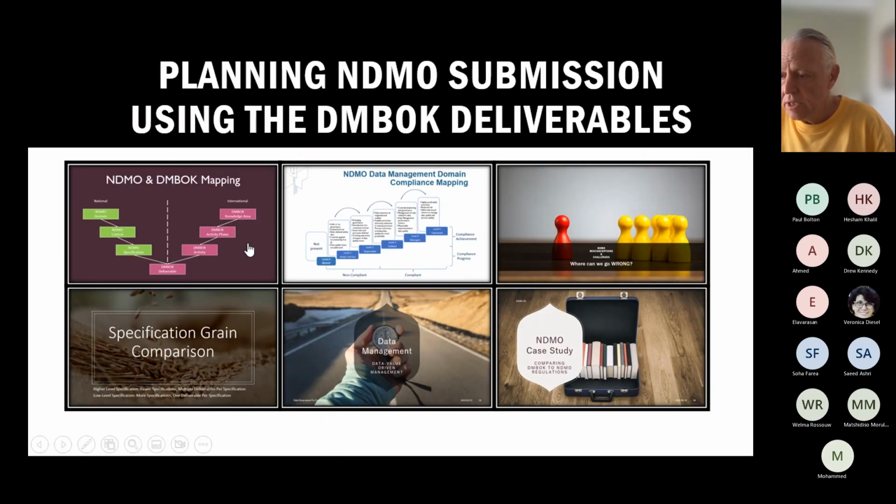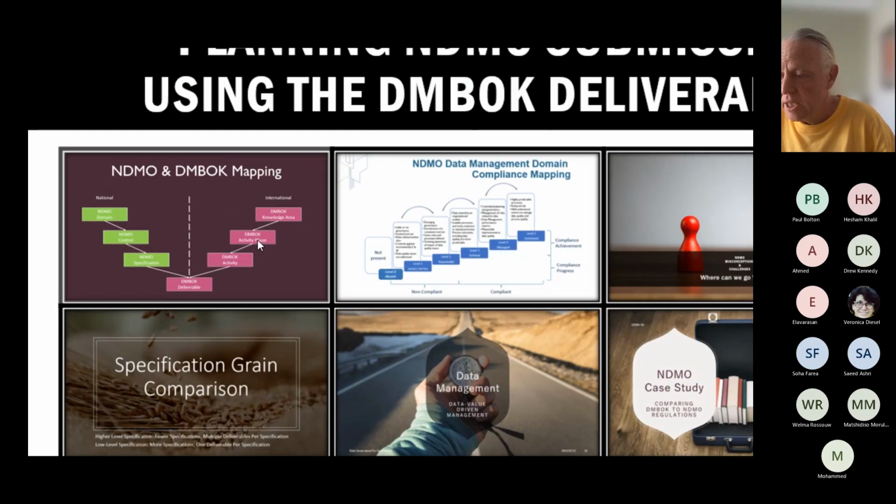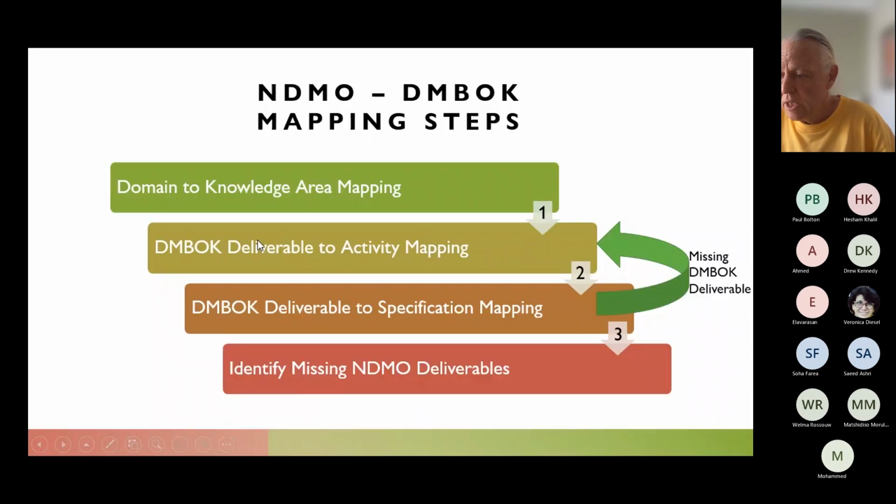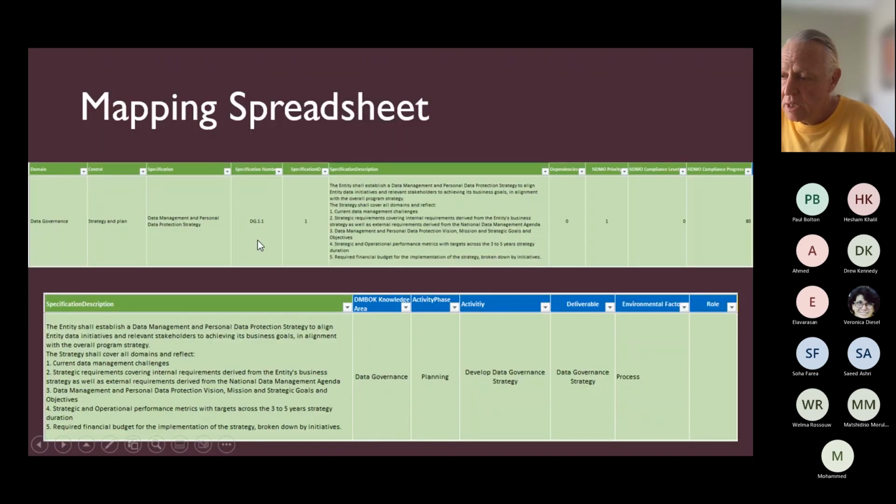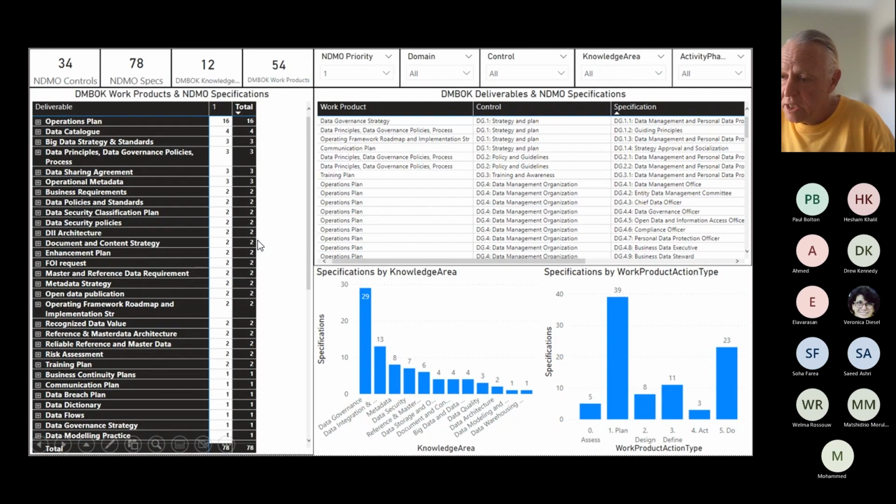Okay, so let's go back to where we were. We did all that, we did all the mappings, the spreadsheets giving you the links. And what I've done as well, Ahmed, is that because we've now called them the same deliverable, what I can do now is to say, now I've got a whole lot of overlap.